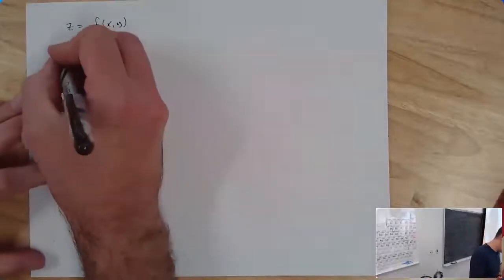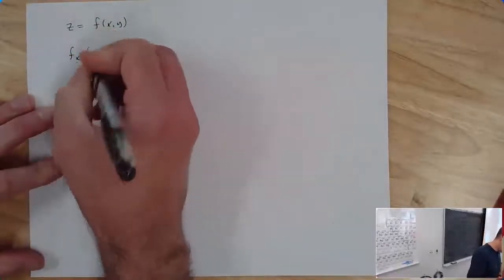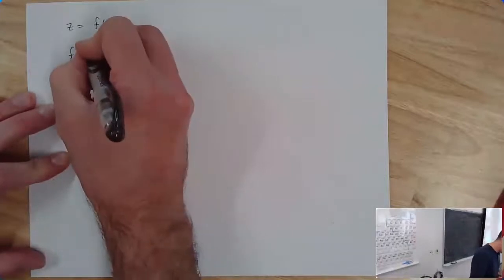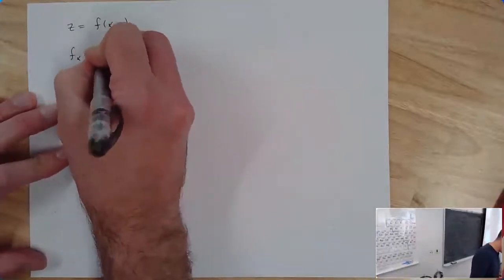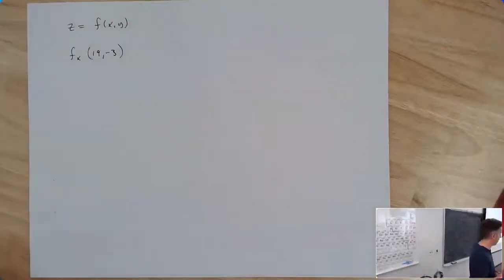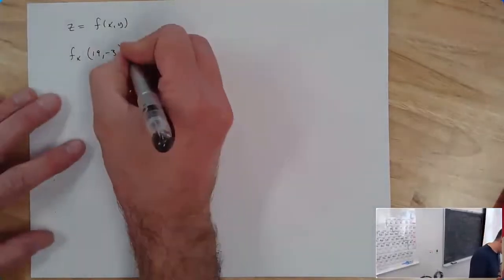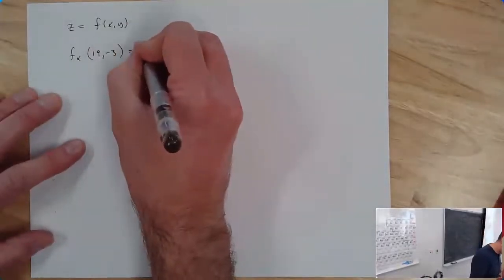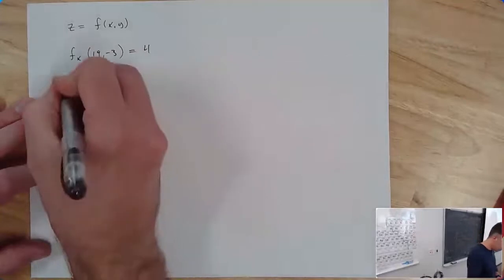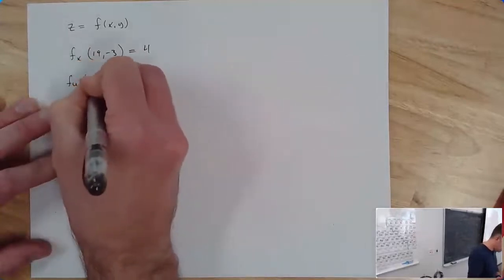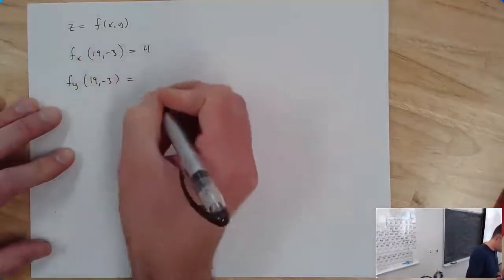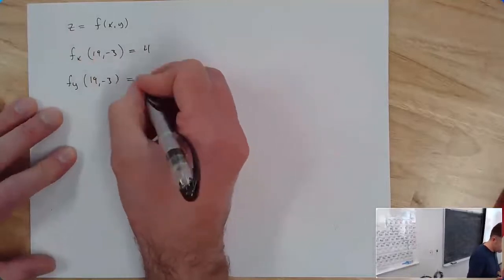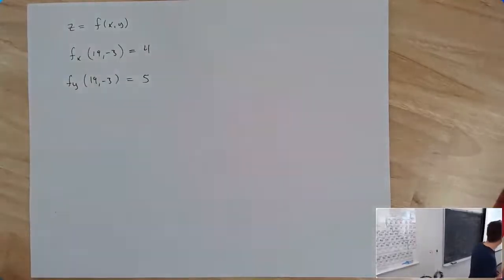They've just told us that the partial derivative in the x direction at some point, let's say 19 comma -3, just to be weird about it, is equal to 4. And the partial derivative in the y direction at the same point is equal to 5.